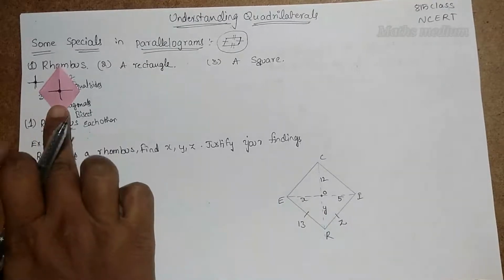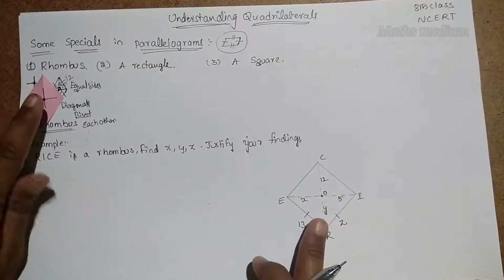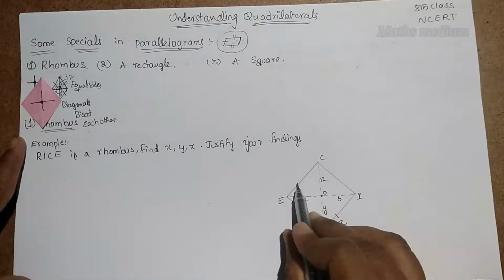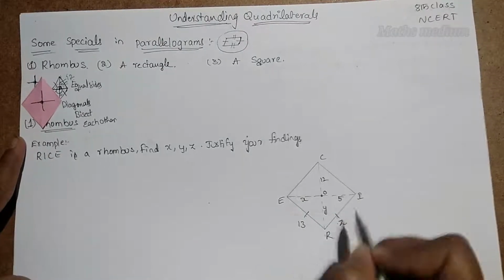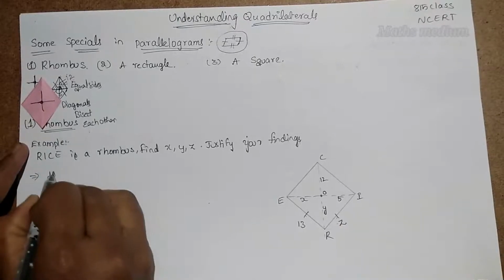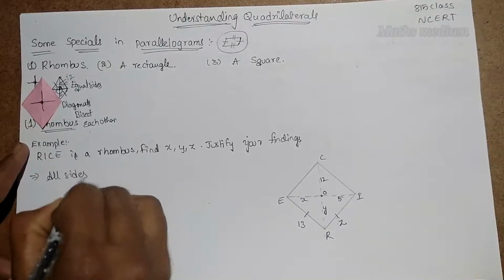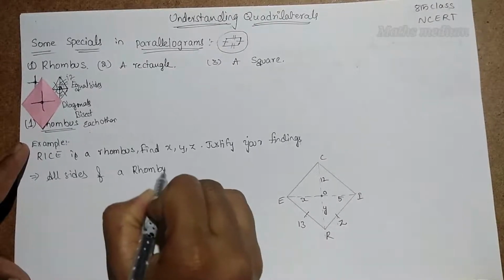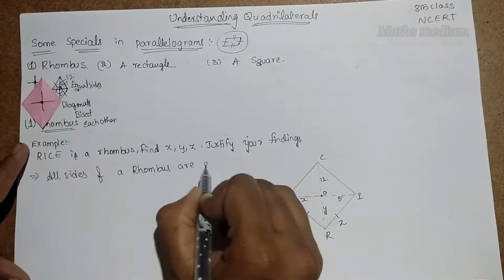Before this, I already told you that all sides of a rhombus are equal. So here we find z easily. All sides of a rhombus are equal in length.